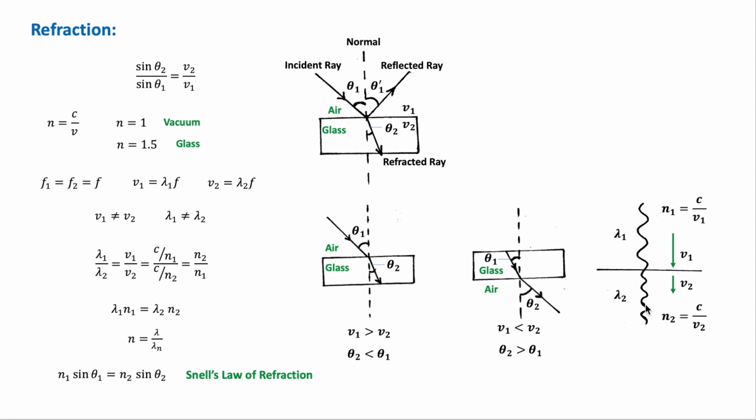Because the velocity of light also changes, as you can see the velocity is lessened here, the frequency, which is the ratio of the speed to the wavelength, does not change. If it did change, the wavefronts would pile up here at the boundary, and this does not occur. So the frequency must be constant as the light ray passes from one medium to the other.